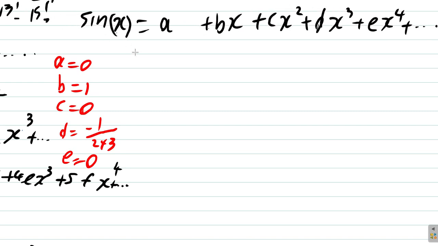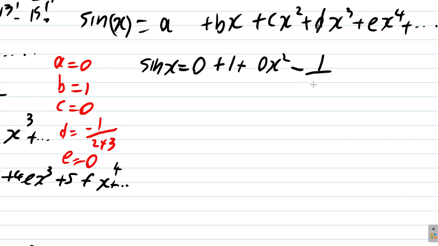So what we have here is the sine of x equal a, which is 0, plus b, which is 1, plus c, which is 0, 0x squared. d is negative, so plus negative means minus 1 over 2 times 3 x cubed, plus e is 0. Alright.